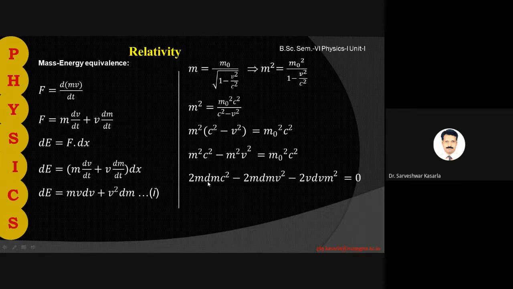So what remains? dm into c square minus dm into v square minus v into m into dv.